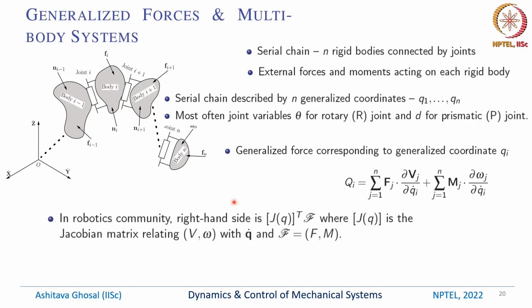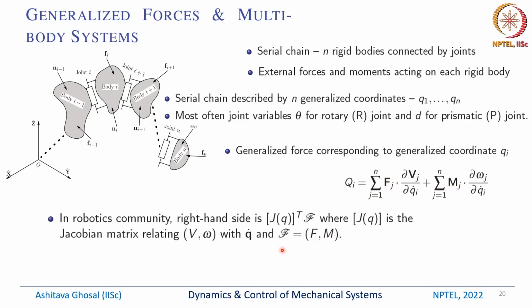So in the robotics community, this right hand side, which is F dot partial of velocity with respect to q dot plus m dot partial of angular velocity with respect to q dot, can be reorganized in this form. This is very well known in the robotics community as the Jacobian matrix. So the right hand side is nothing but Jacobian transpose times a quantity, which is this F, and this F is nothing but capital F comma m.